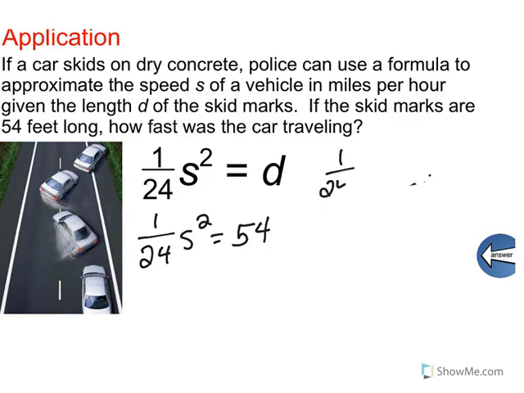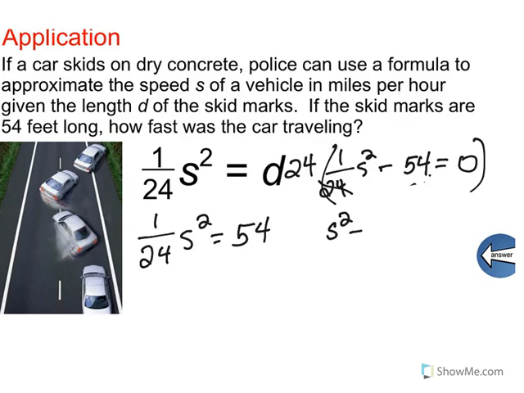So 1 over 24 s squared, subtract the 54 from both sides, gives us 0. Now, it might be easier for me here if I get rid of the fraction, multiply everything by 24. The fraction will go away. 54 times 24, I believe, is 1,296. And then that's equal to 0.